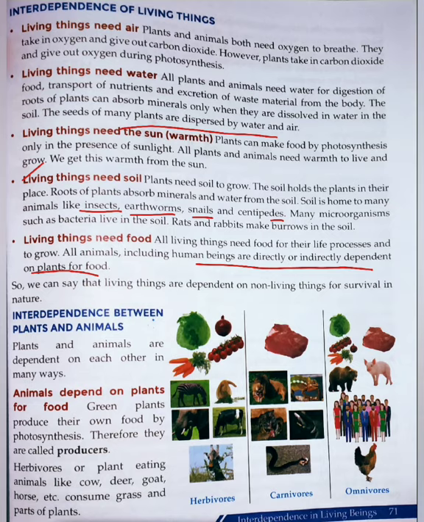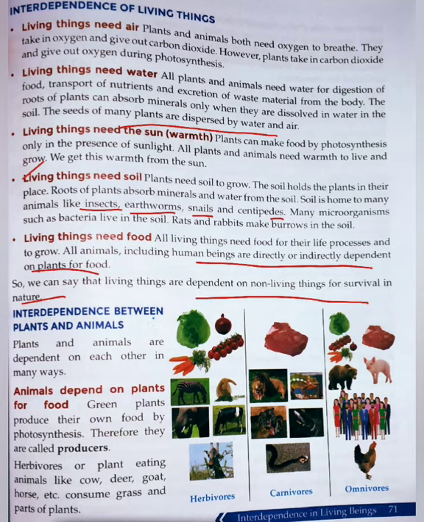But indirectly also we get many things from the plants, as many herbivores depend on plants and we eat those herbivores. So this is indirect. So directly or indirectly we all depend on plants for food. So we can say that living things are dependent on non-living things for survival in nature.